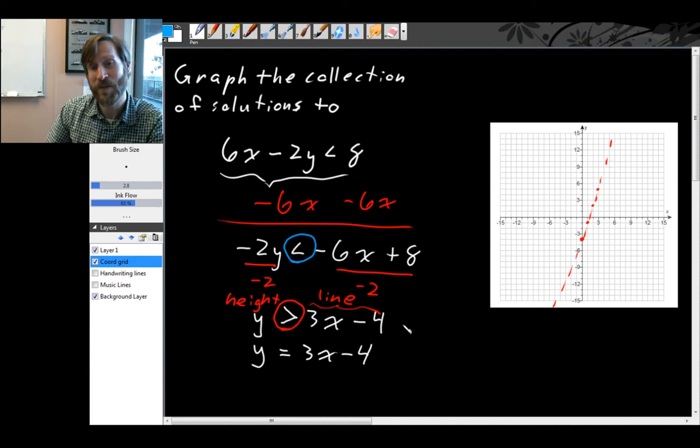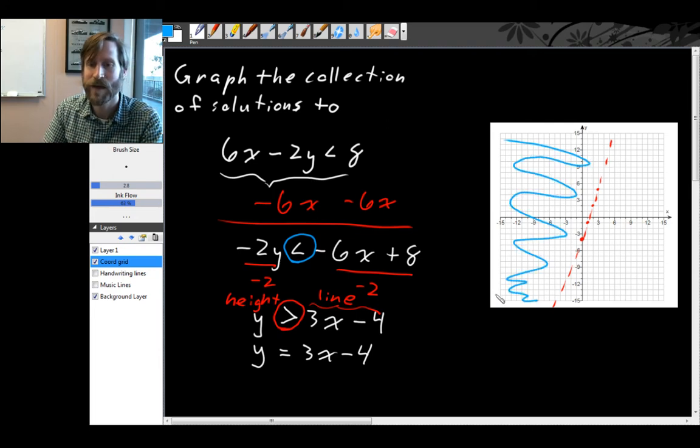And that means above the line. So we want the side of the plane that is above the line. So that's this side. Okay. So the collection of solutions to this inequality is all of the points above this red dotted line. So everything in the blue half plane that I've sketched here.